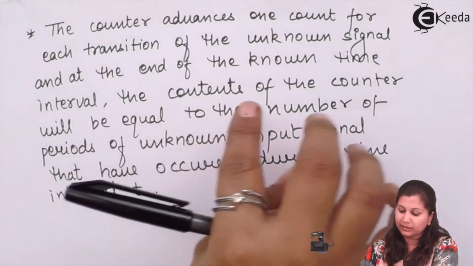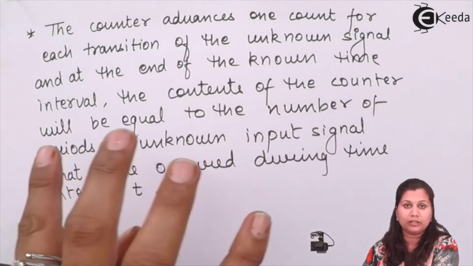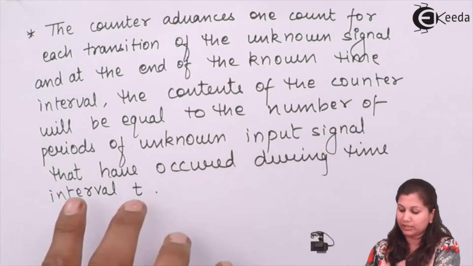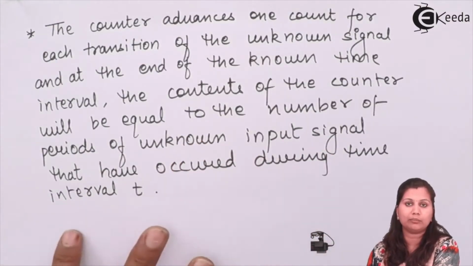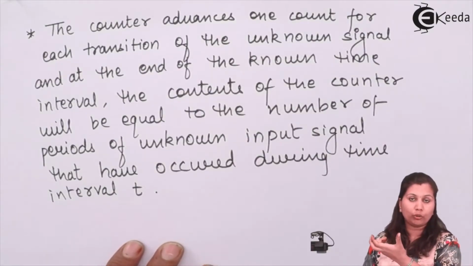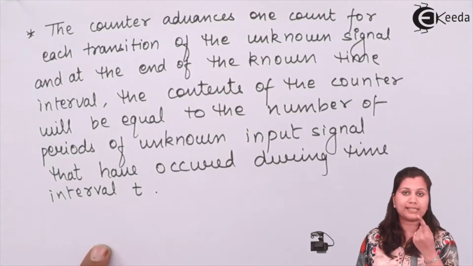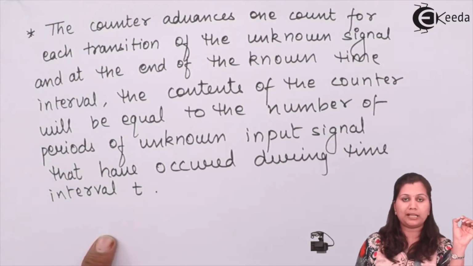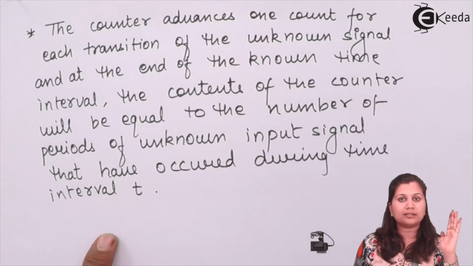So we can say that the contents of the counter will be equal to the number of the periods of the unknown input signal which have passed during the time interval t. Suppose for 1 second, 5 pulses have passed the counter.